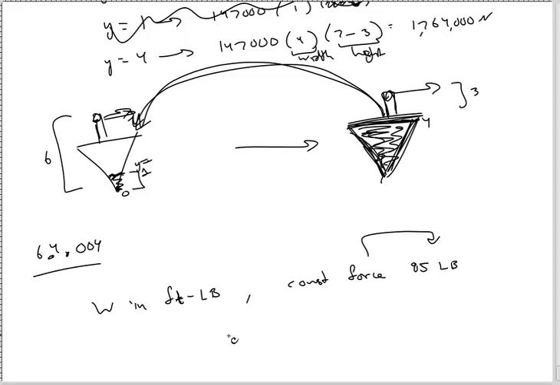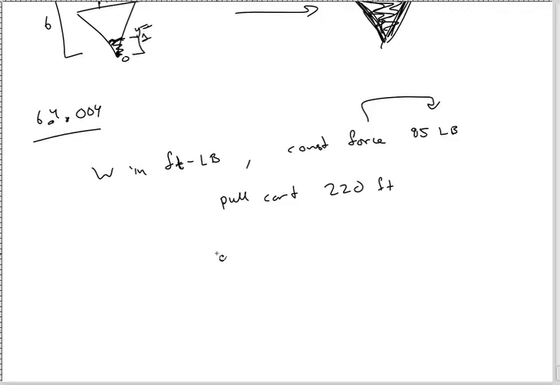All right, so you're pulling a cart 220 feet, and they say, what's the work done? Okay. Well, I don't know why I put another 0 in there. Give me a second. I must have been half sleeping during all this. I got the right answer, it's just my notes here.